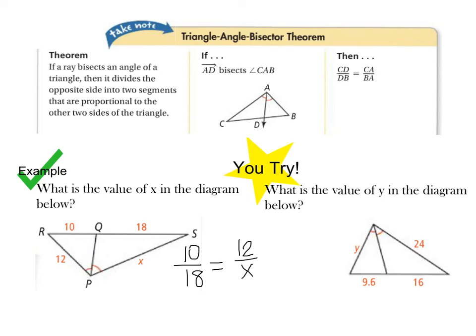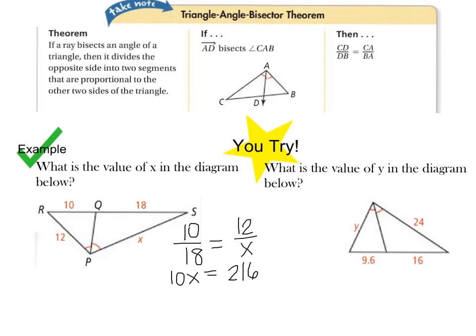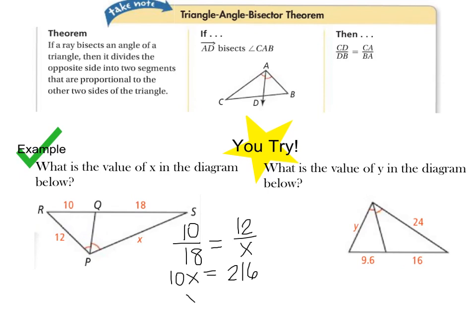And I can go ahead and solve again, cross multiplying. 10x is equal to 216. So x is going to be equal to 21.6.